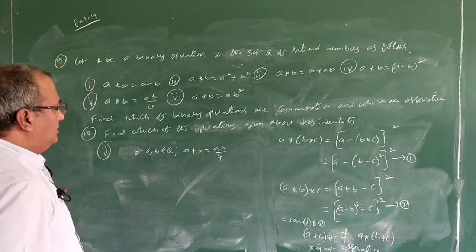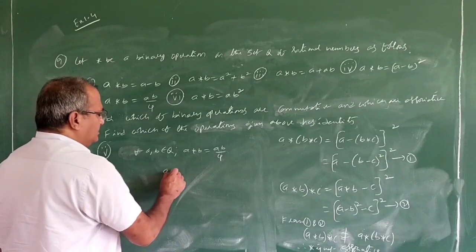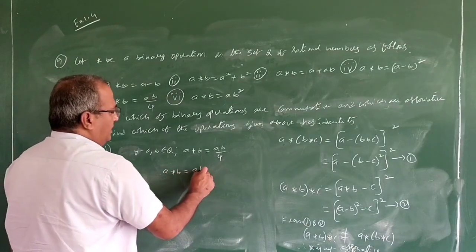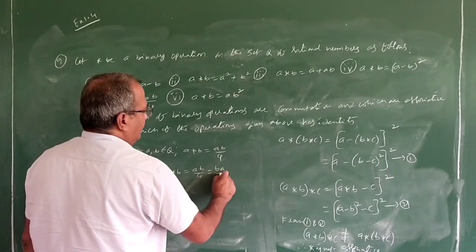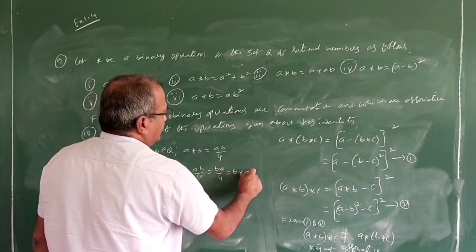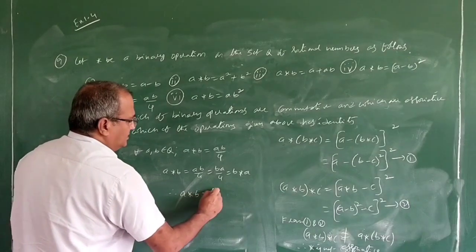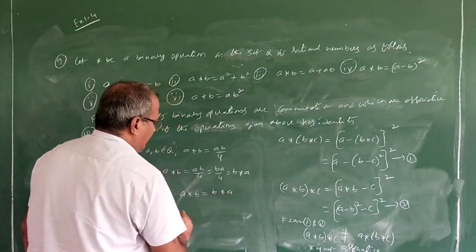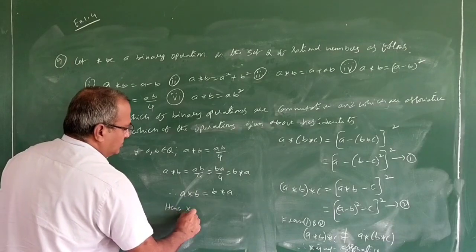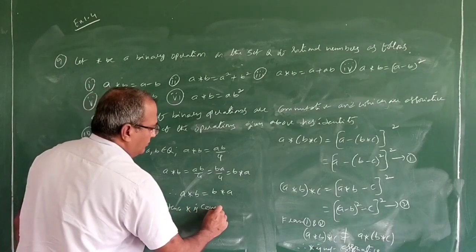Now, A star B is equal to AB by 4, which can be written as BA by 4, which can be written as B star A. Therefore, A star B is equal to B star A. Hence, star is commutative.